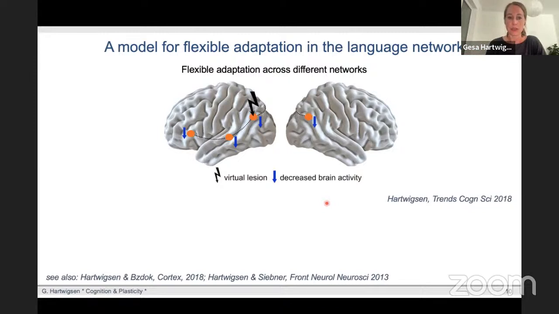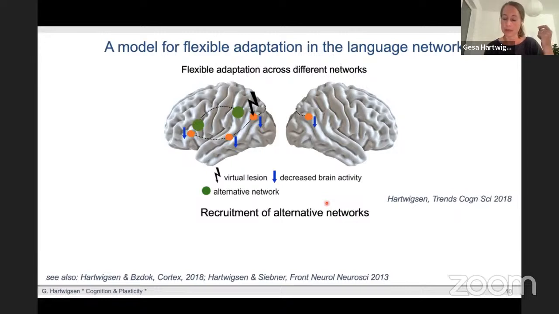And in such cases, we sometimes observe the recruitment of alternative networks. This could be different pathways, for example, during reading when you have a dorsal or a ventral route, or when we inhibited the semantic network, we saw stronger contributions of phonological working memory pathways.